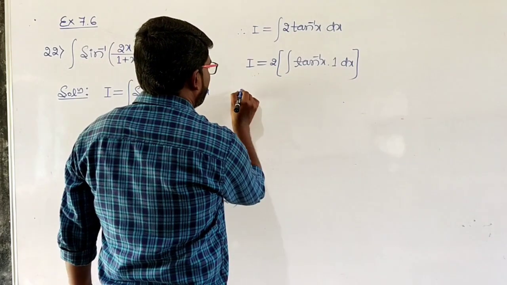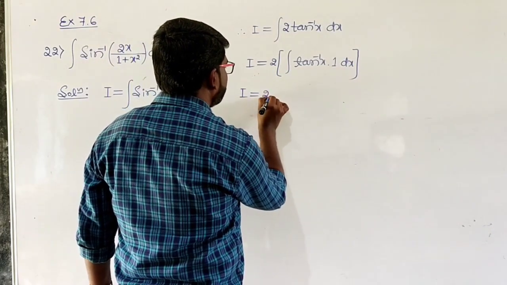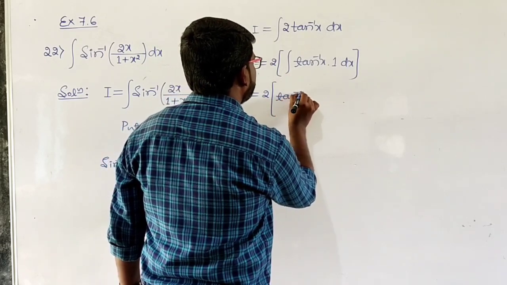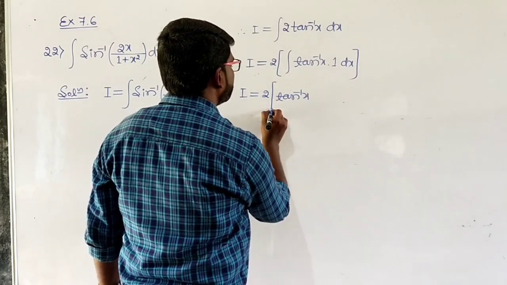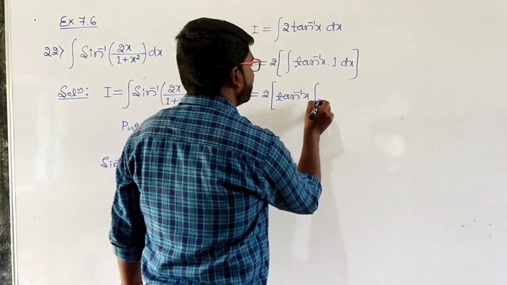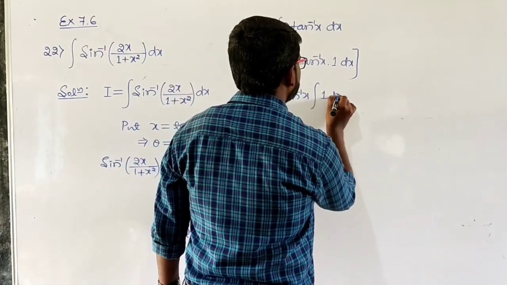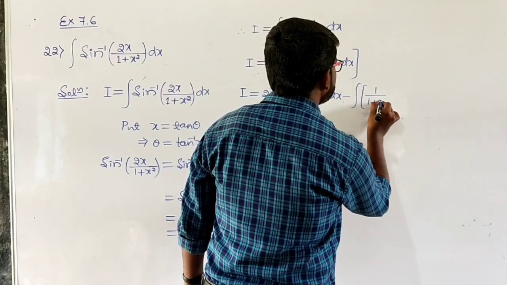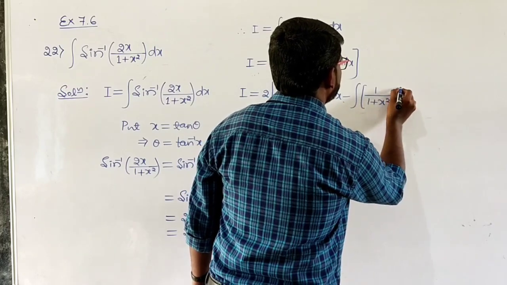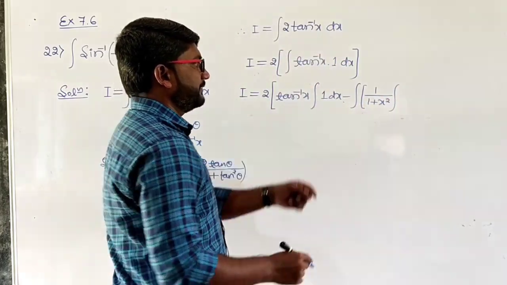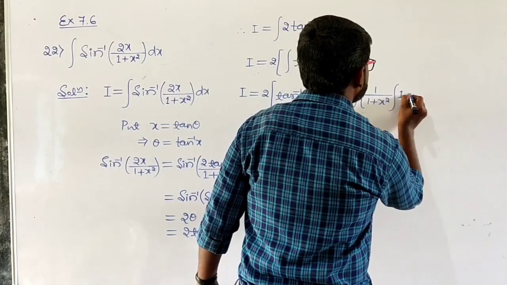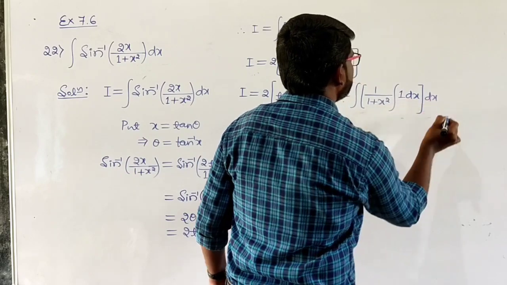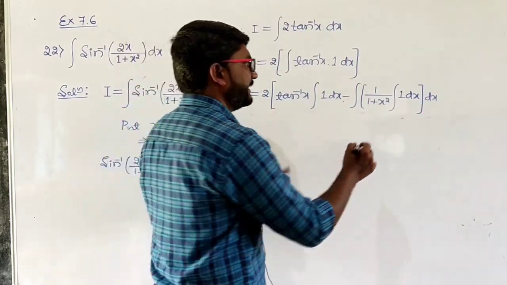So here I is equal to 2, I'll be writing it outside, then the main bracket, first function, it is tan inverse x, and then the second function, integral of 1 dx, then minus integral derivative of the first function, it is 1 divided by 1 plus x square, then integral the second function, it is 1 dx, then close the bracket, write 1 more dx, and we have to close this main bracket as well.